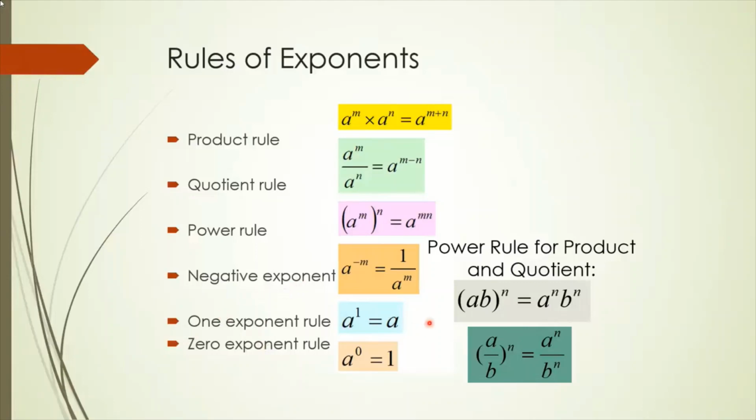Specifically, you want to look at the power rule for products and the quotient rule. So if I look at this and consider a square root, I can take the square root of each of these because they act the same way as exponents. Same thing if I'm dividing, I can take the square root of the numerator and the denominator.